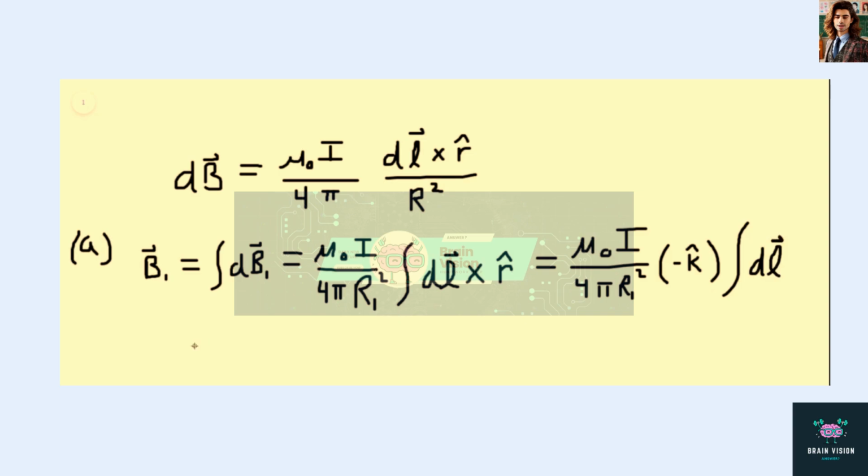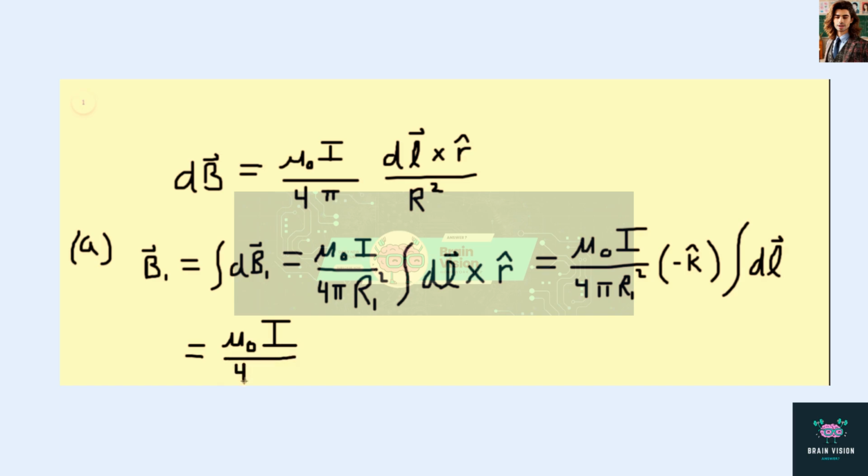Carrying this out even further, the integral over the infinitesimal length dl gives us pi r1, because it's half of the circumference. So it's not 2 pi r1, it's just pi r1, because we're considering half the circumference here. It's not a full circle. So what that leaves us with is mu naught times I divided by 4.